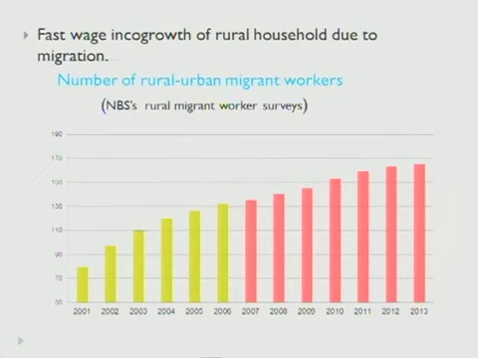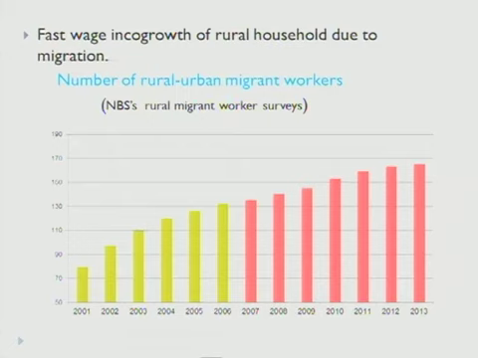When you look at income components, you will find that for rural people, wage income increased very fast. That means the wage income increase is largely due to rural migration.